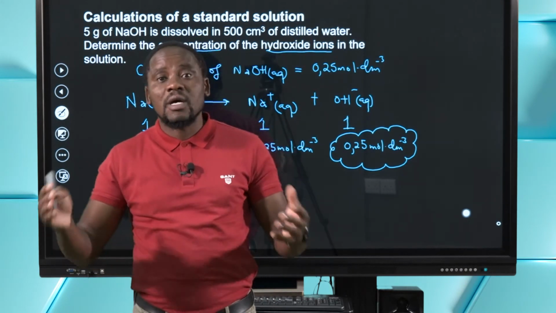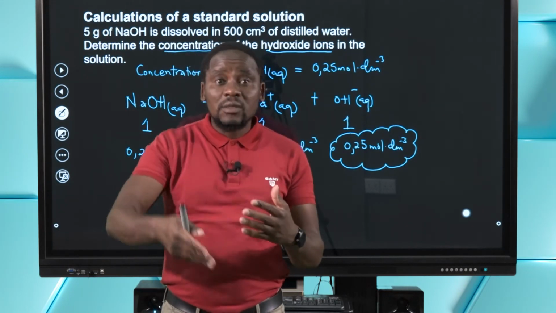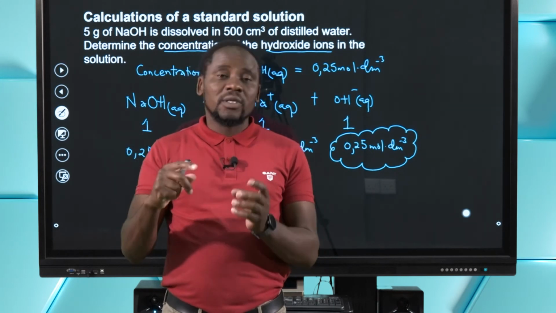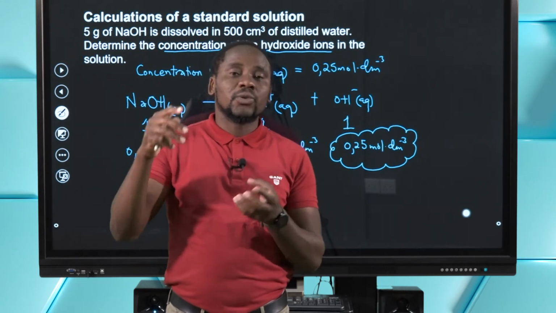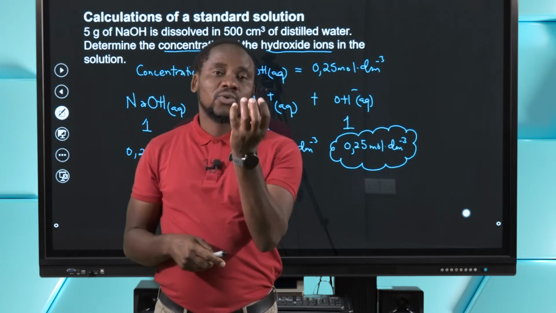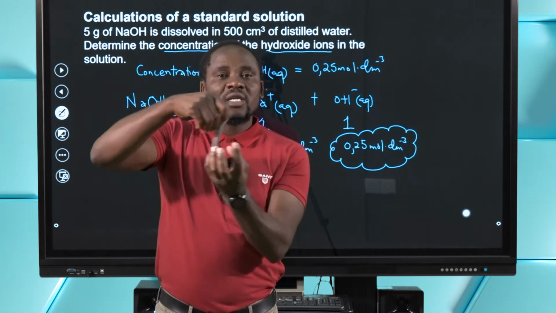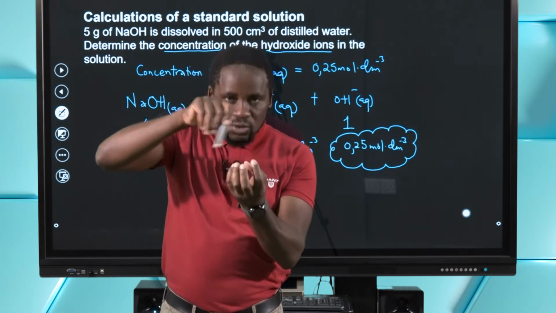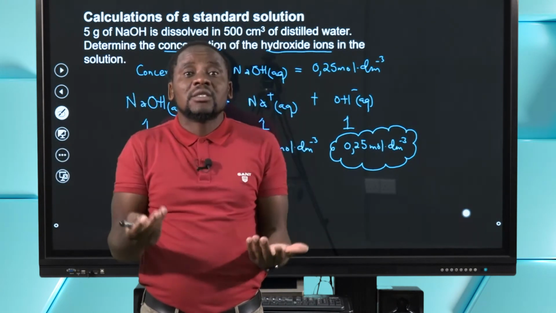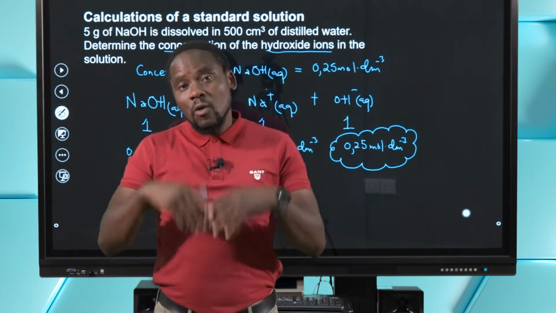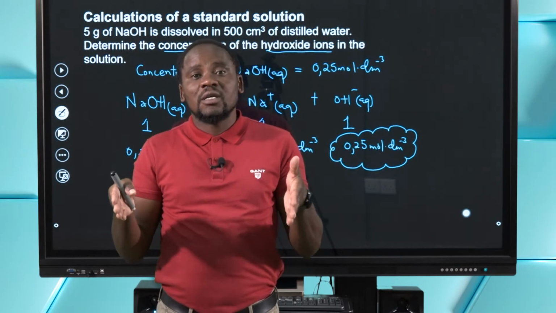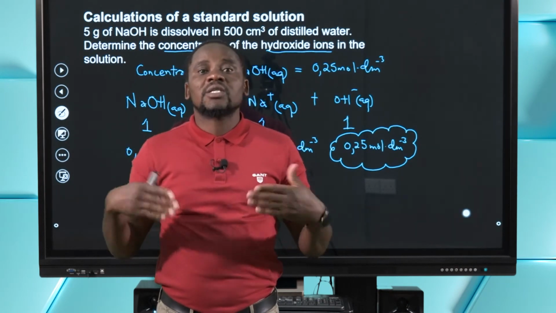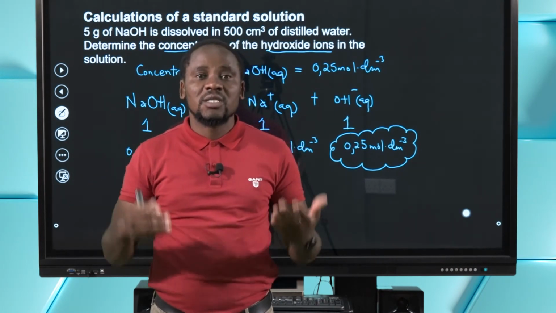And we know the amount of distilled water that we used in that volumetric flask to form that solution. The solution contains both the solute and the solvent particles, because this is essentially a homogeneous solution. Then if we say that this is a standard solution, we are saying that we know the concentration of this solution.